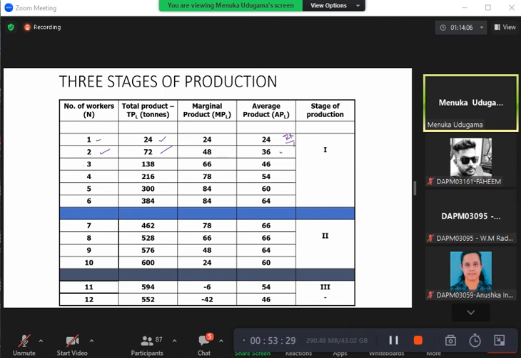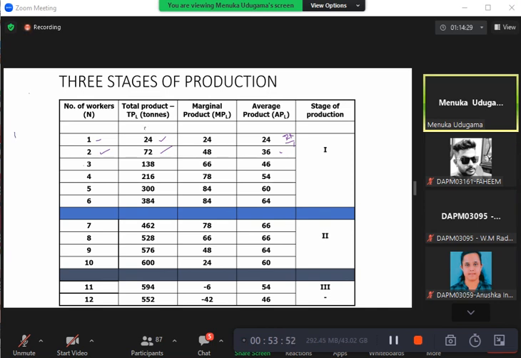The additional product when you add 1 extra unit of fertilizer, right? So when we use one extra unit of fertilizer, the additional product we get is the marginal product, right? So how do you calculate that?